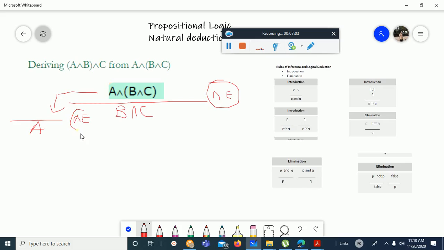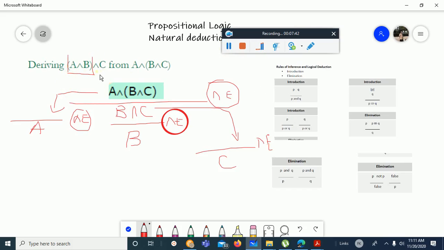And elimination. From this we can deduce B using AND elimination, and again we can deduce C using AND elimination. Now we will see what we have to derive. We have to derive this and this.